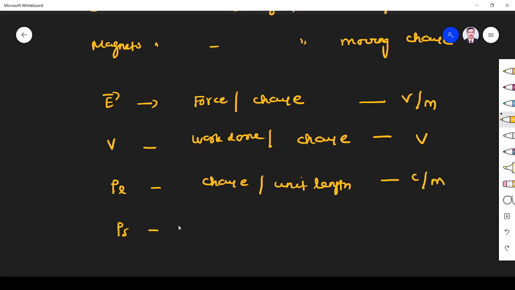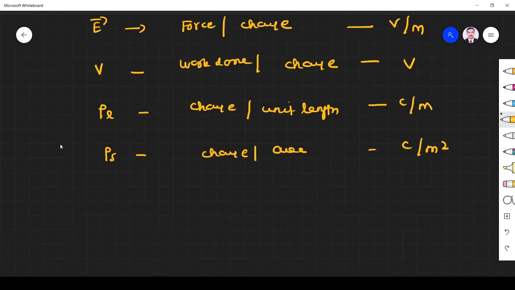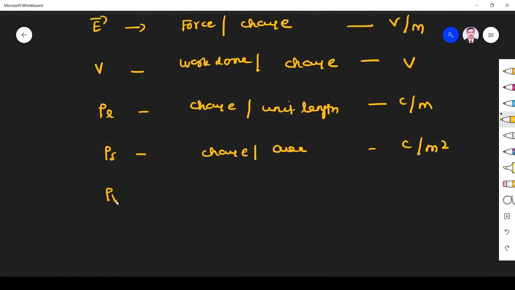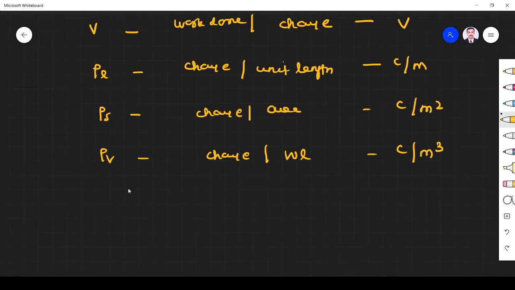Then rho S charge per area, that is coulomb per meter square. Rho V charge per volume, coulomb per meter cube. Fine.